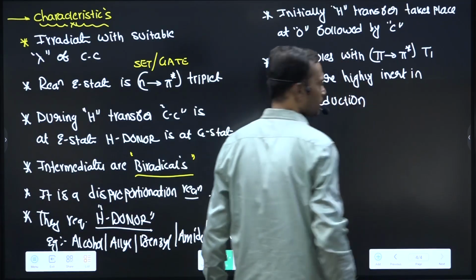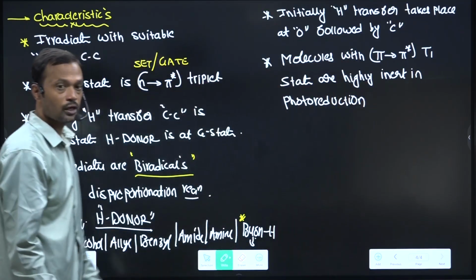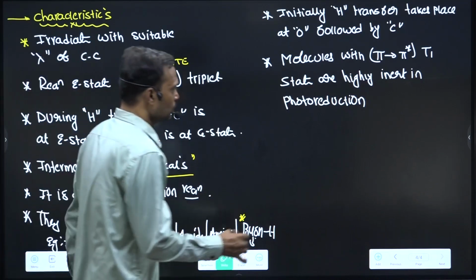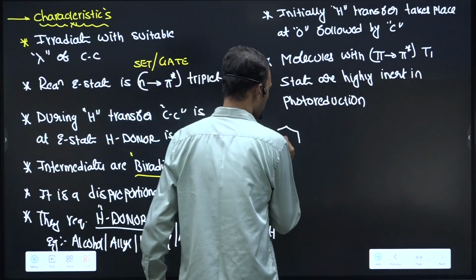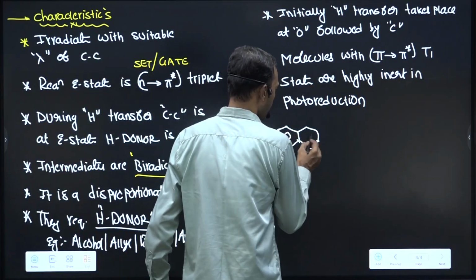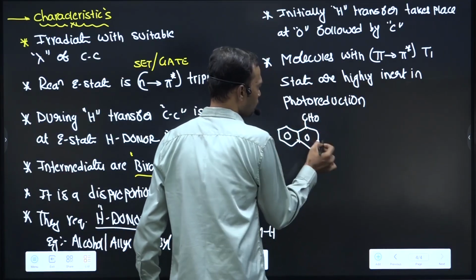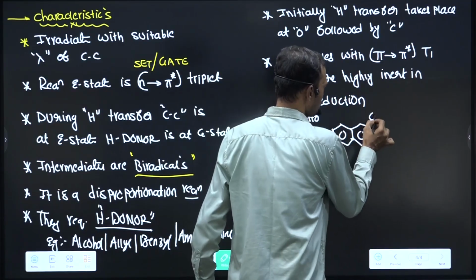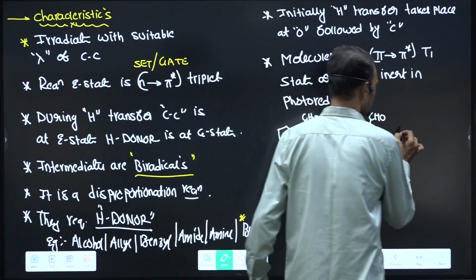Some molecules are there, pi to pi star also very efficient. Those molecules never get involved in photoreduction. So those molecules are these ones. This molecule is not involved in photoreduction. This molecule also is not involved in photoreduction.